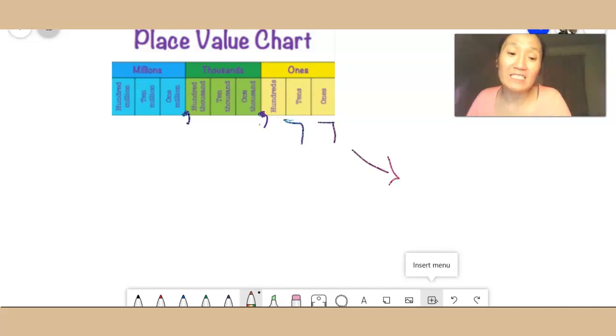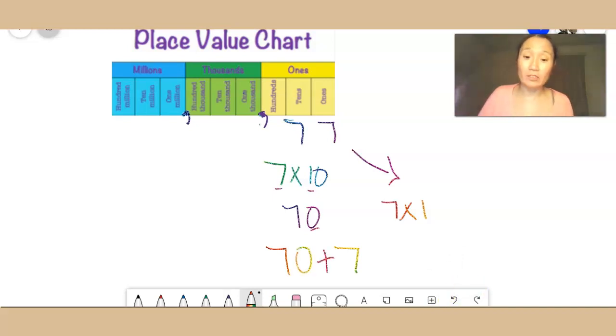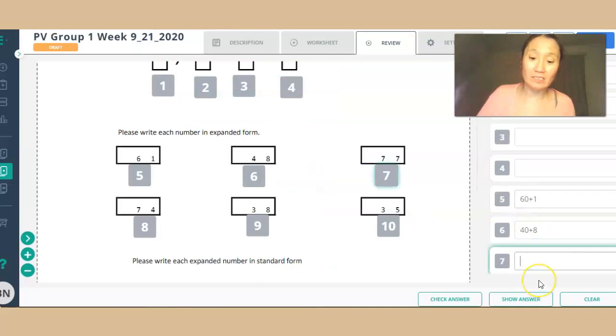That means I have 7 groups of 1 for 7. And I have 7 groups of 10 for 70. 7 times 1, add the 0. 7 plus 70 will be 77. So let's get that in there. 70 plus 7.